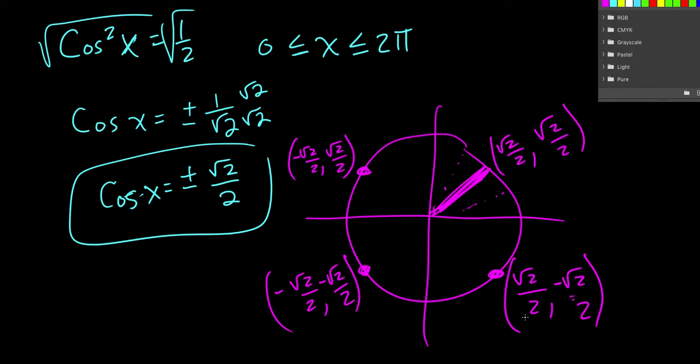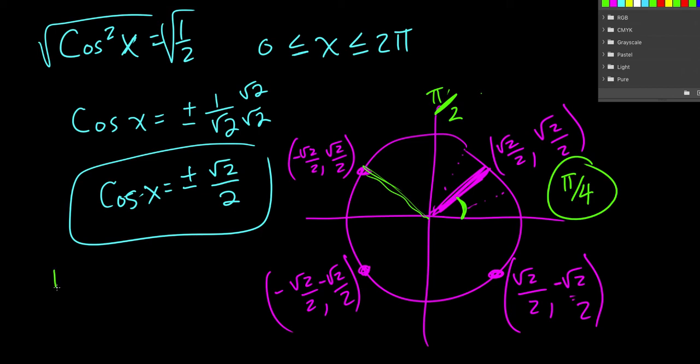And then we just need to find all of those angles. The first one's given to us because we know that that's pi fourths. And so that's one of our answers. Now this one we can approach 2 different ways. We can say pi halves plus pi fourths, or we can say pi minus pi fourths.